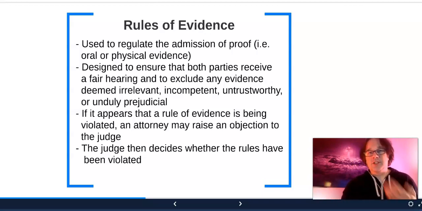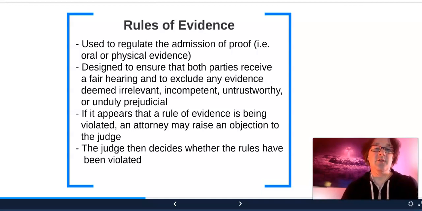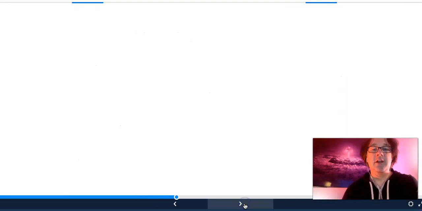So if a judge says overruled, that means it's the judge's opinion that there hasn't been a violation of the rules of evidence, and the objection is overruled. Proceed with the line of questioning. If the judge says sustained, that means he or she believes that there was a violation of the rules of evidence, and the line of questioning needs to stop, or needs to change direction.